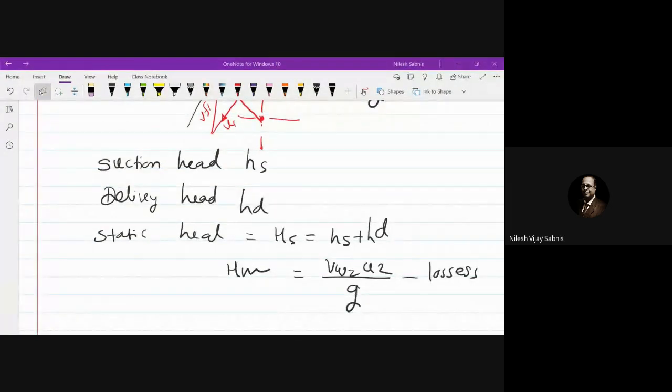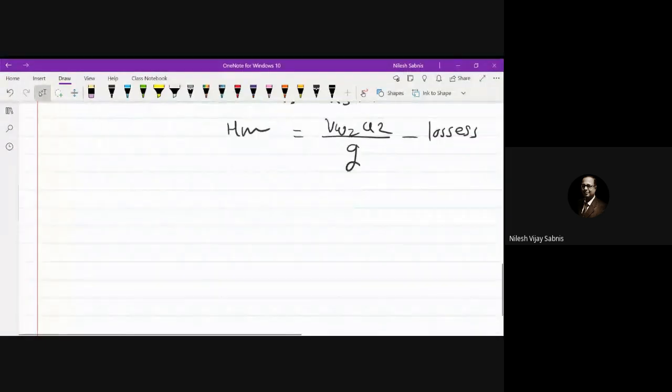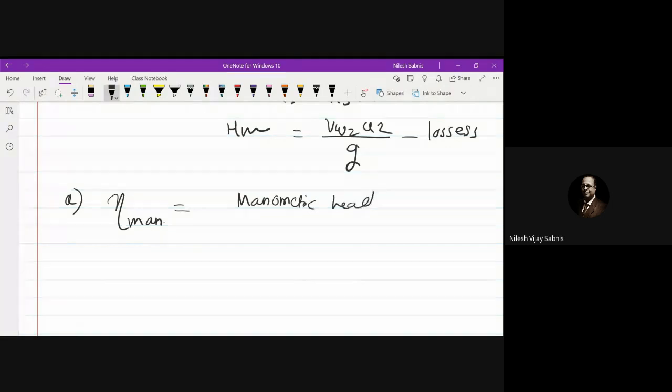Then efficiencies. There are some efficiencies which we have seen previously. The same types of efficiencies are there, but here the names are different. Manometric efficiency is given by manometric head divided by head imparted by impeller to water.